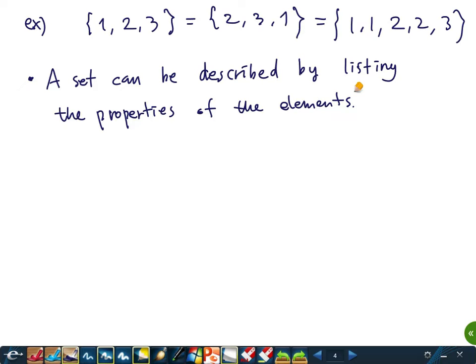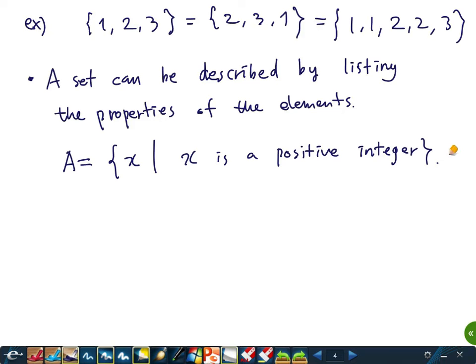So, for instance, let's say A = {x : x is a positive integer}. All right, so A is a set, but I didn't define this set by listing all the elements.